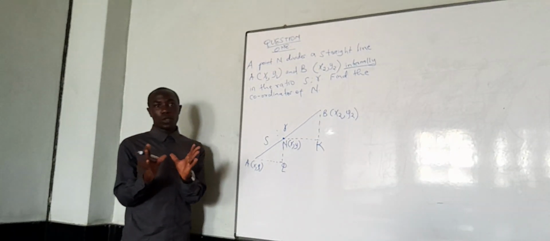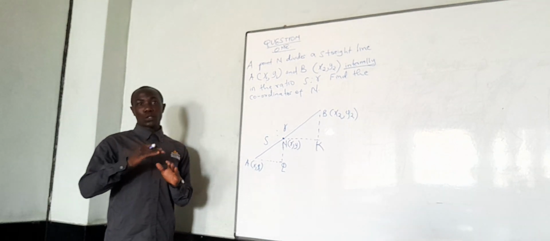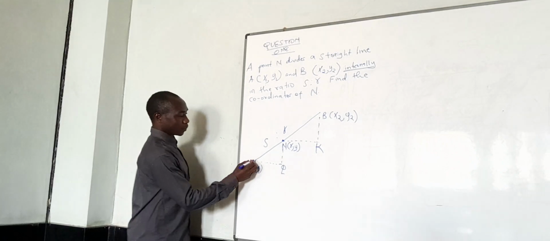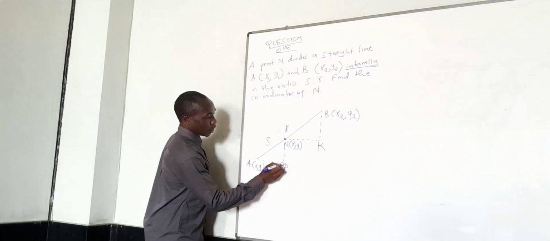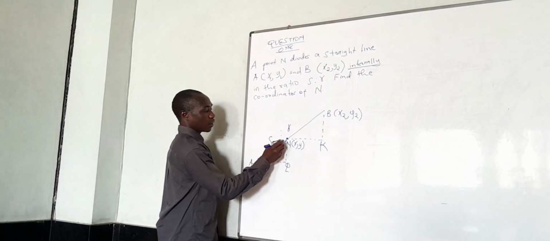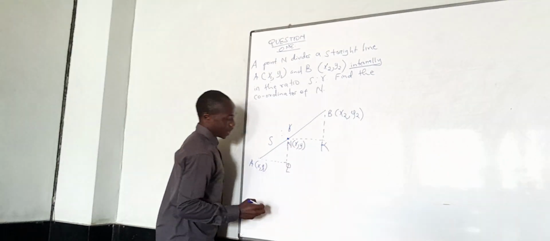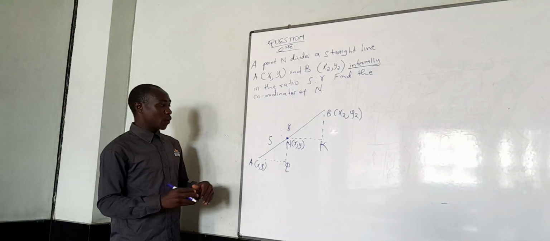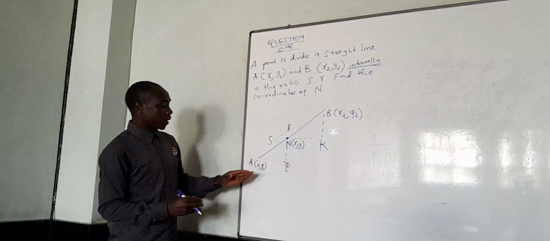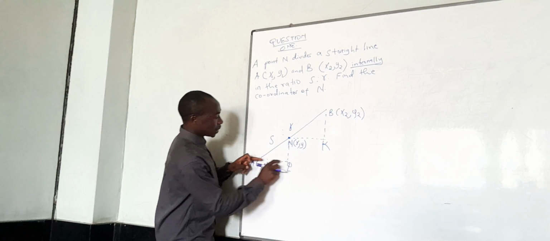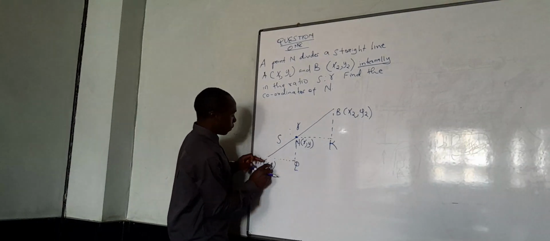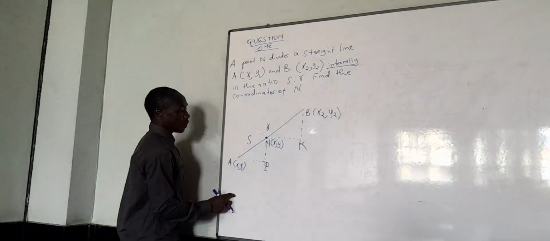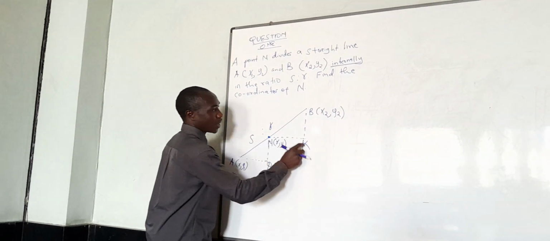So how do we get the coordinates of the point N? Let me take you back to the work we did in Form 2 in high school, which we apply to answer the question at university level. The length from A to Q, if you divide it by the length from N to K, gives us what's known as the ratio, the linear scale factor. So AQ divided by NK should be the same as QN divided by KB.